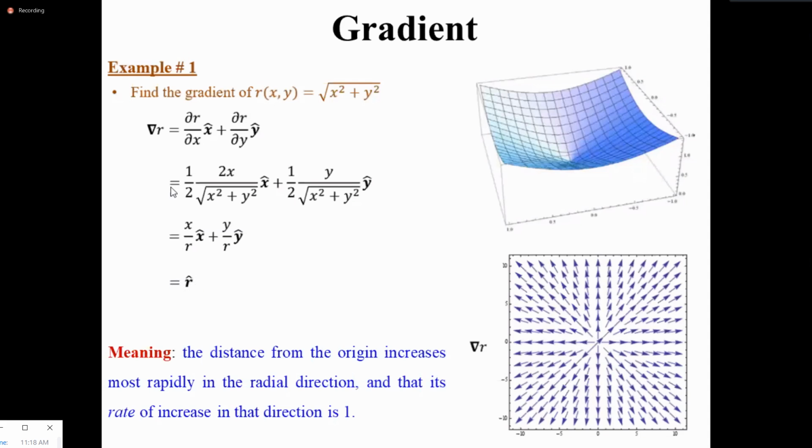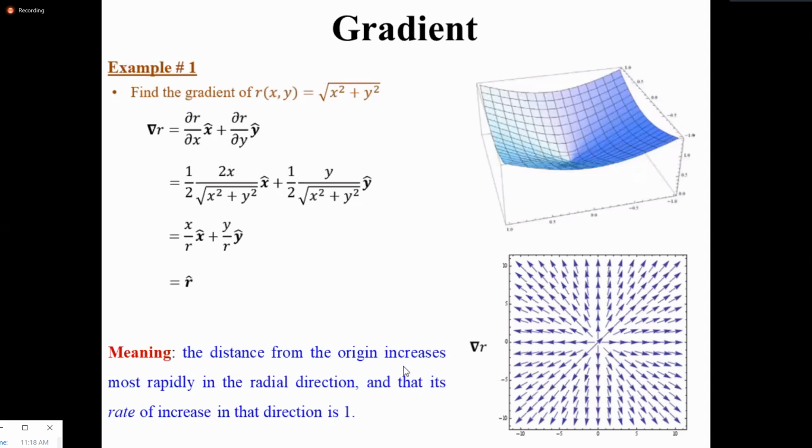So what does it mean? That the gradient is pointing radially outward, and we can also draw it like in the diagram shown here. What does it mean?